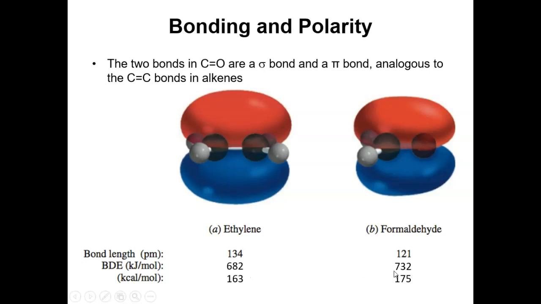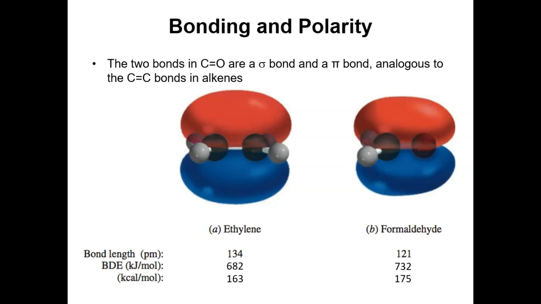So how much stronger? Well, it looks like 10% stronger. This is just one double bond, but if you look at multiple C=O and C=C double bonds, the C=O double bond is somewhere between 10% and 20% stronger than the C=C double bond.